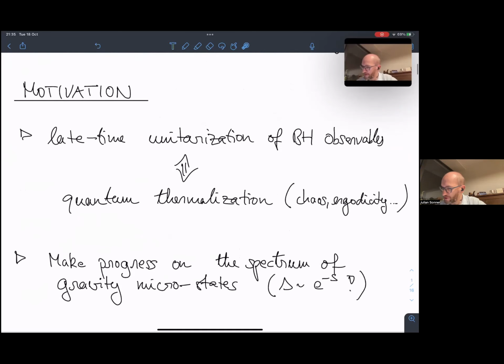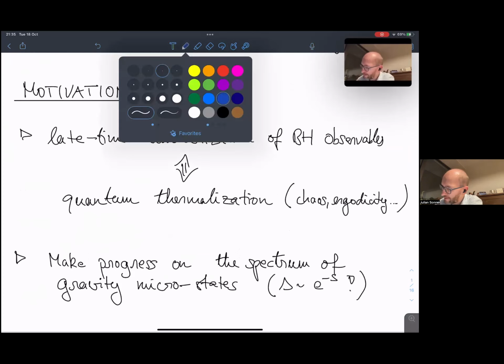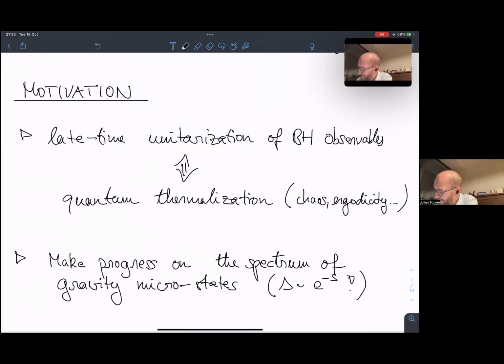So the general motivation is that, well, there are several. I have written down three. Firstly, one way that one can motivate such work is that we've been for a long time interested in understanding the late time unitarization of black hole observables. By this, I mean things like perhaps the entanglement entropy of some subregion, or the entanglement entropy of the radiation, or simple two-point functions of fields that might propagate on the black hole background, and other things.